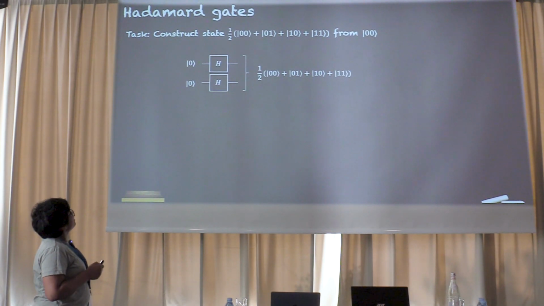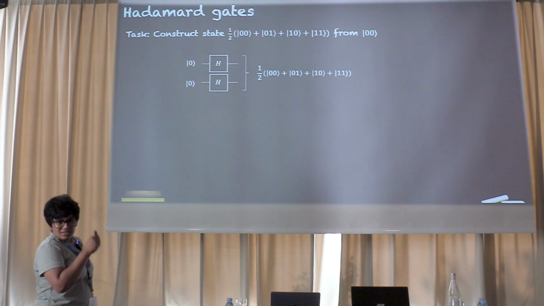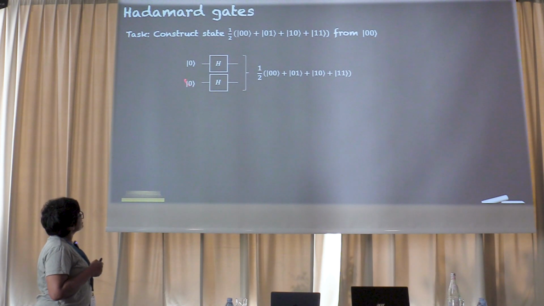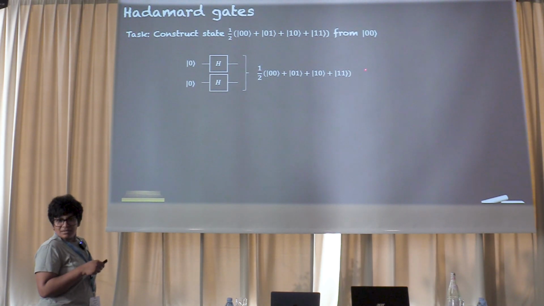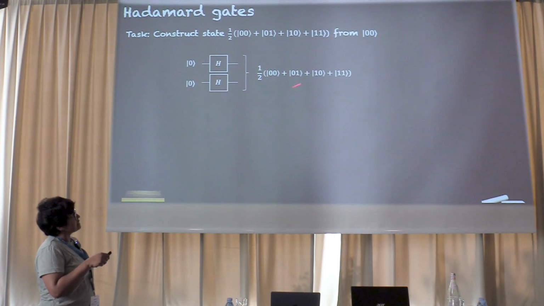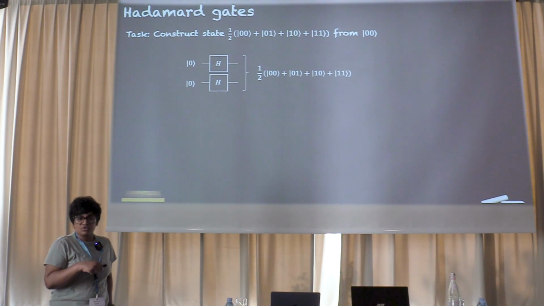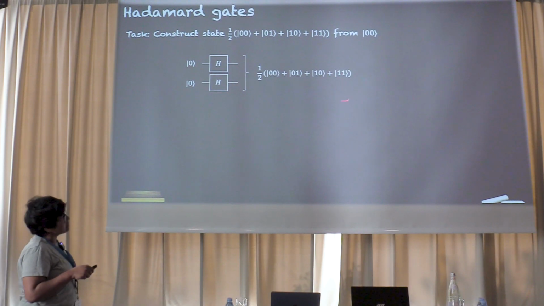So now look at this. If I apply Hadamard to the first qubit, I get 0 plus 1, and there's a square root 2 hanging. Here also I get that. When I multiply them together, I get this state. This is just linear algebra: you take them as 2 vectors and multiply by this big unitary, and you'll get the same thing.